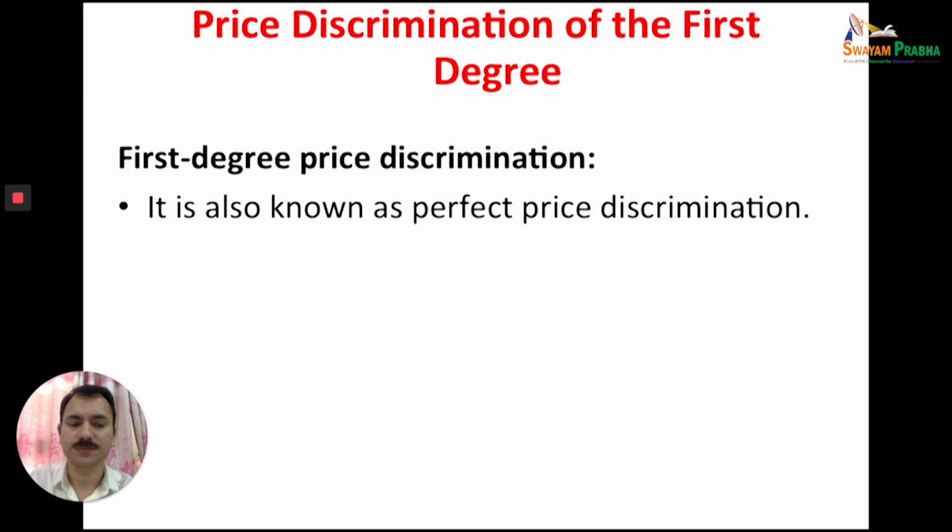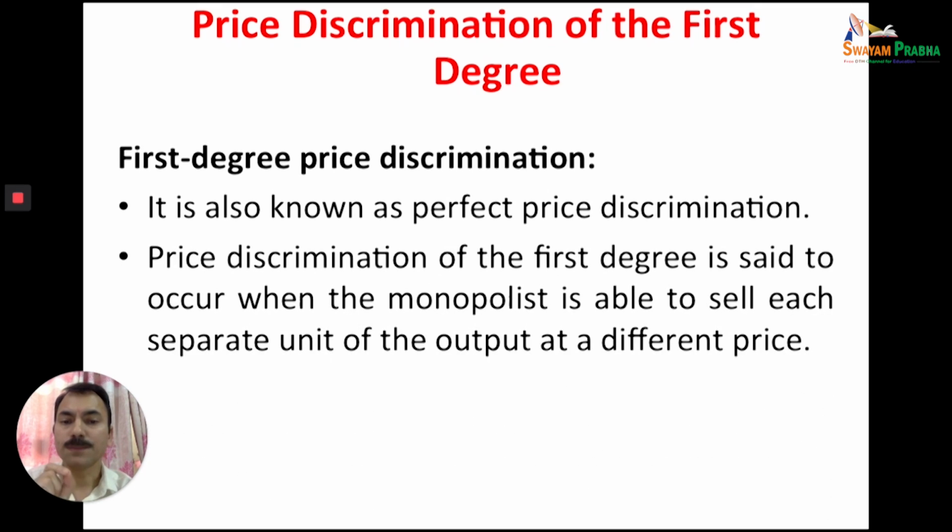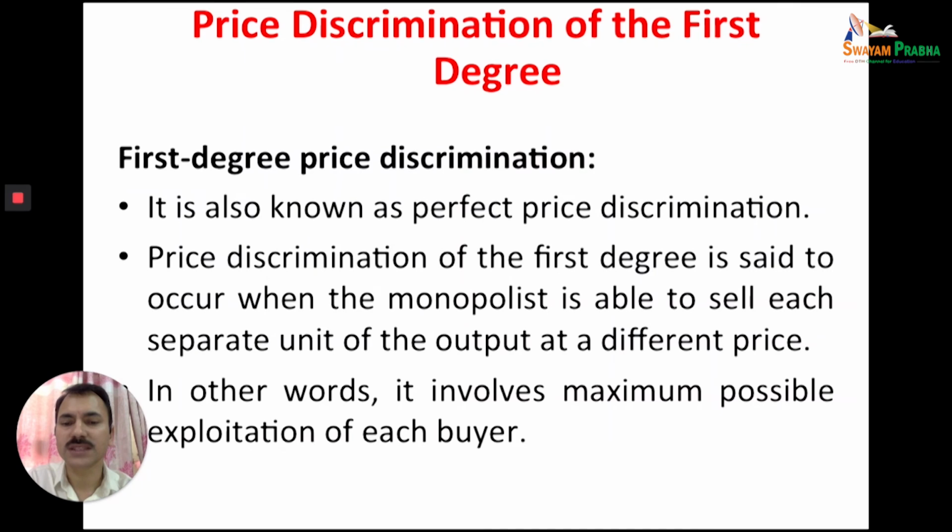It occurs when the monopolist is able to sell each separate unit of output at a different price. In simple words, it involves the maximum possible exploitation of each buyer, or the producer charges the maximum price the consumer is willing to pay for each amount of the commodity.